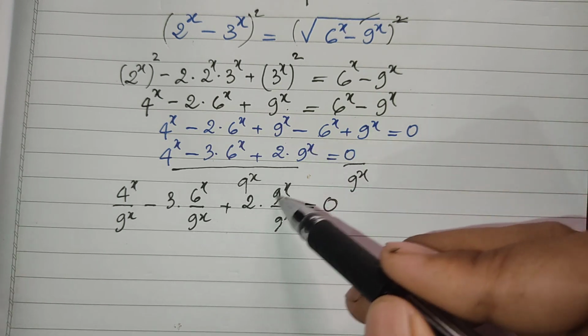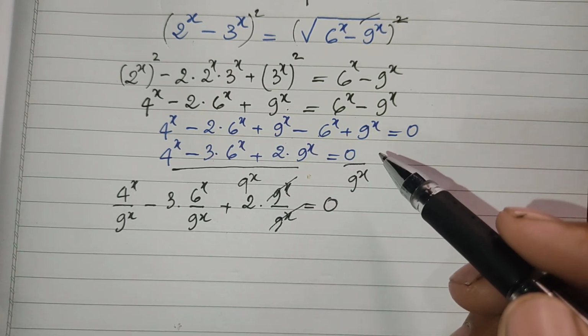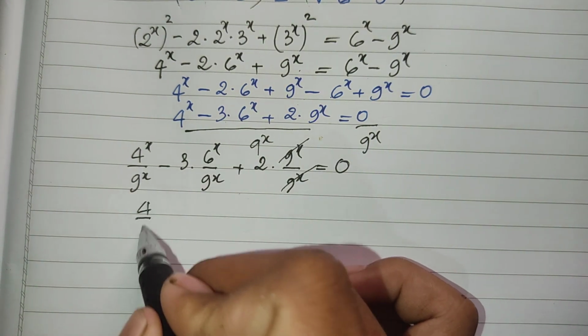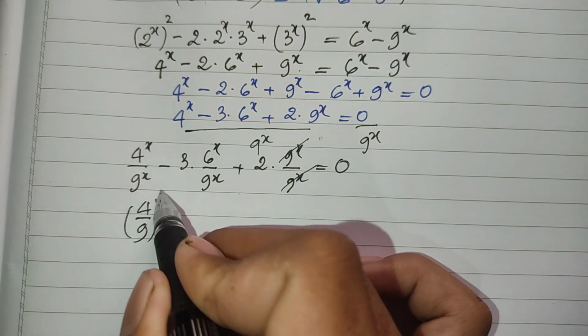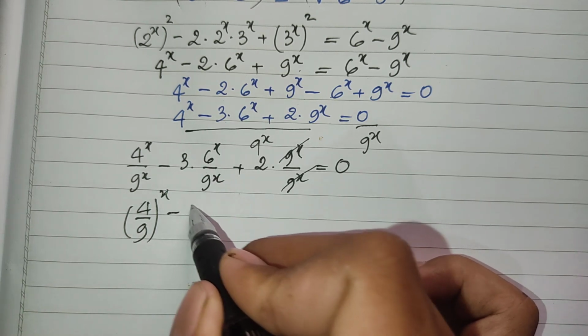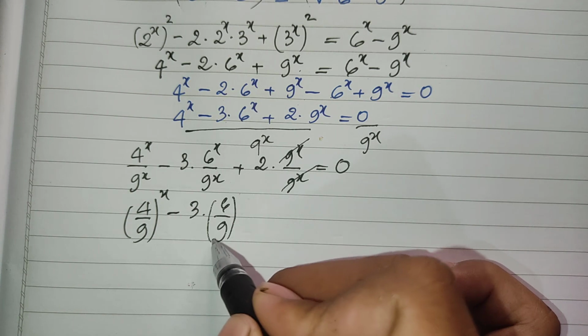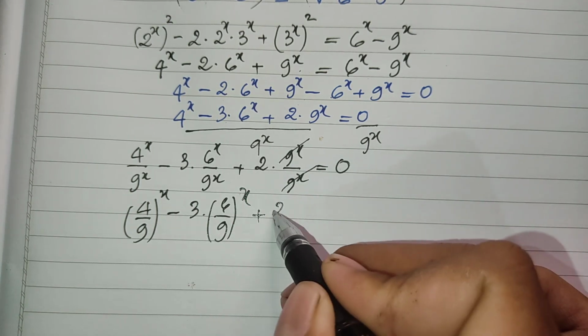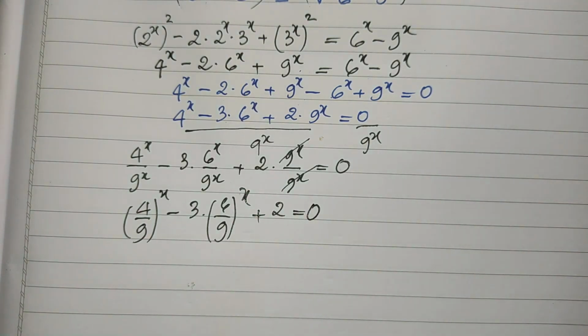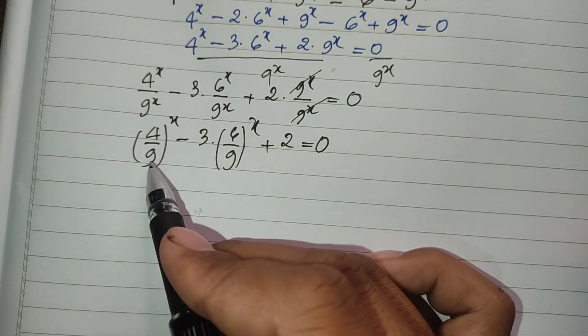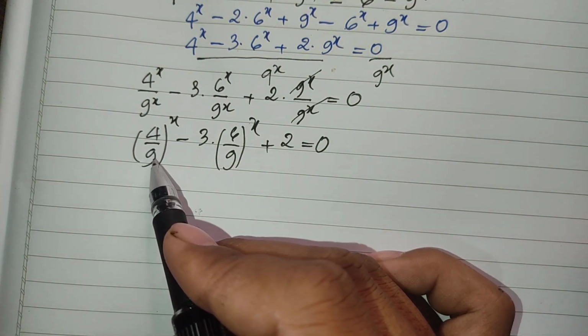Okay, now we can simplify this. We get (4 divided by 9)^x minus 3 multiplied by (6 divided by 9)^x plus 2 equals 0. Now 4 we can write as 2 squared and 9 as 3 squared.